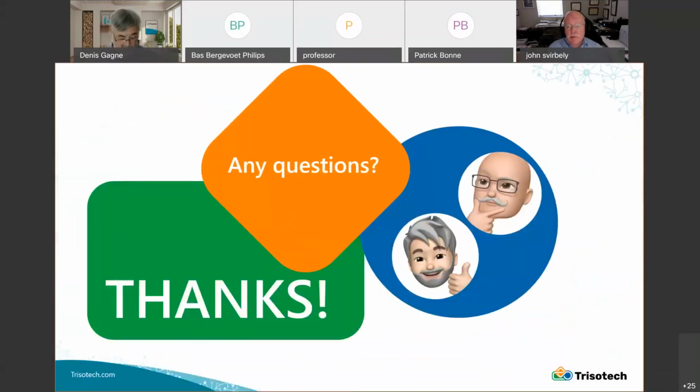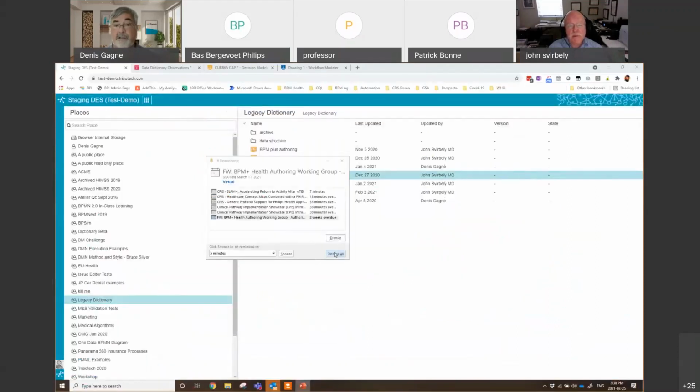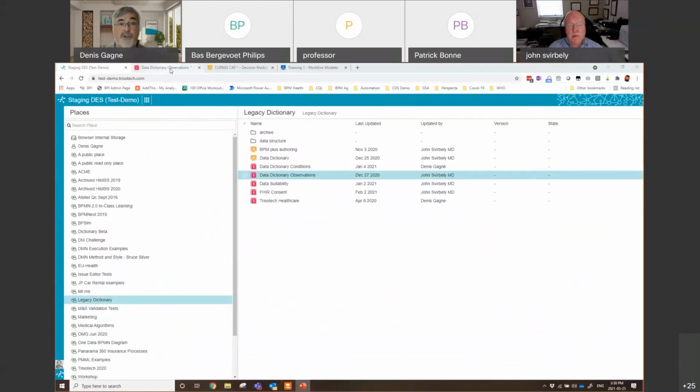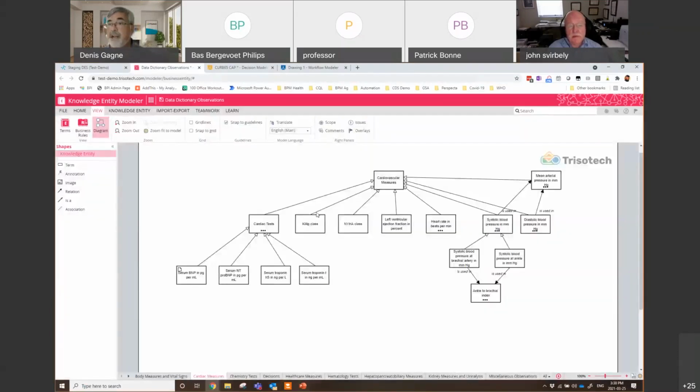So let me show you a little bit of this live, if there is such a thing. You can see here that I am within the concept model, and I have these different terms. Then I can jump into one of the concepts.